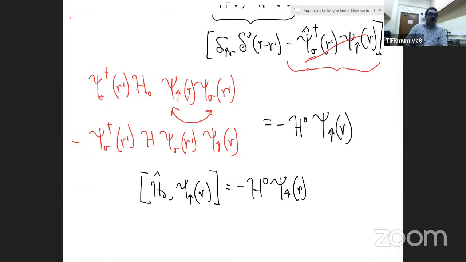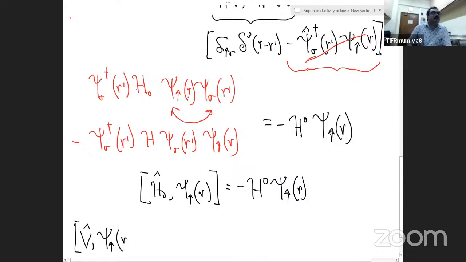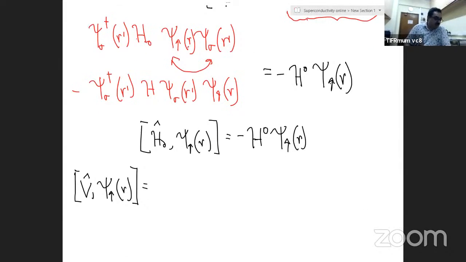But this is only half the job, because now the next job is to calculate the second term. And the second term is to calculate this. Okay, so there is no simple way of doing this.